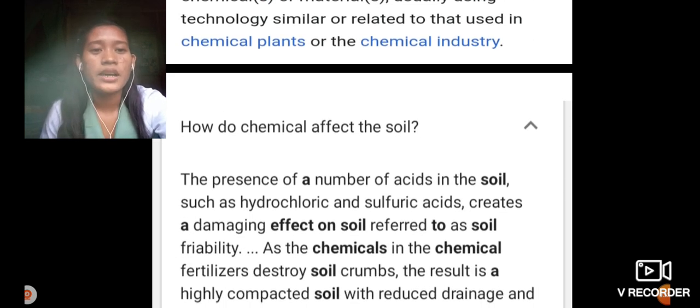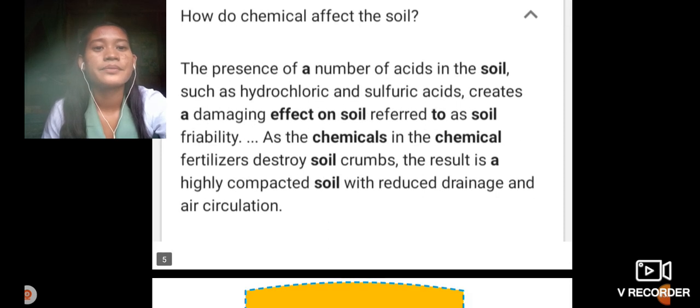How do chemicals affect the soil? The presence of a number of acids in the soil, such as hydrochloric and sulfuric acids, creates a damaging effect on soil referred to as soil friability, as the chemicals in the chemical fertilizers destroy soil clumps.